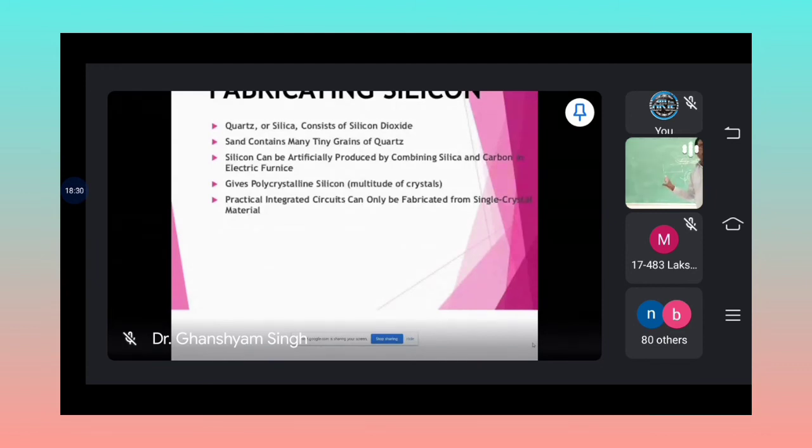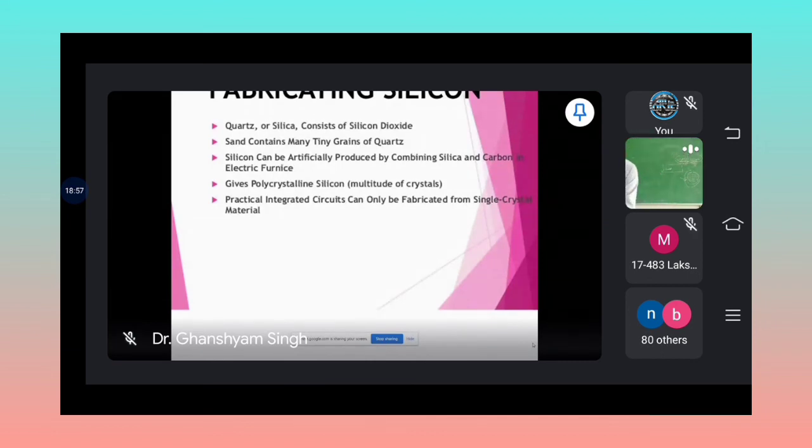Now we come to the negative resist. Exposure to UV light causes the negative resist to become polymerized and more difficult to dissolve. Therefore, the negative resist remains on the surface wherever it is exposed, and the developer solution removes only the unexposed portion.